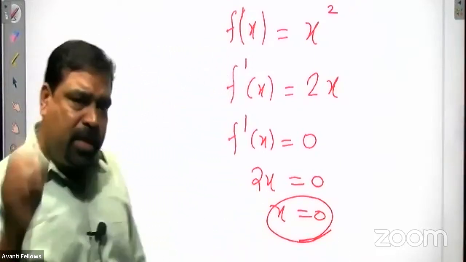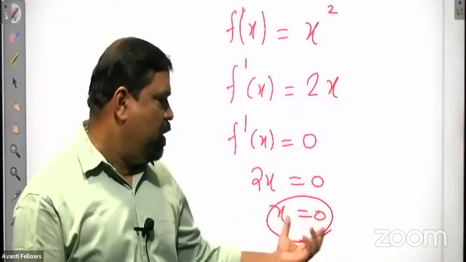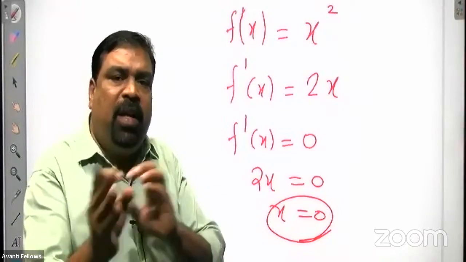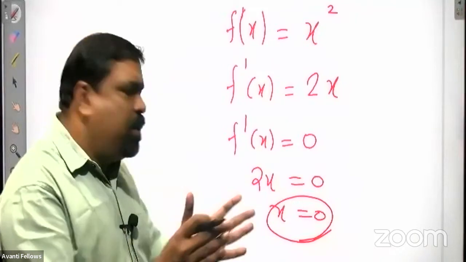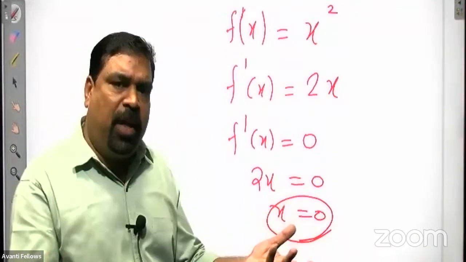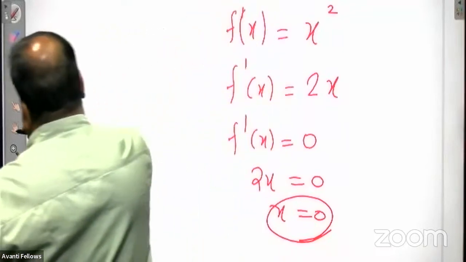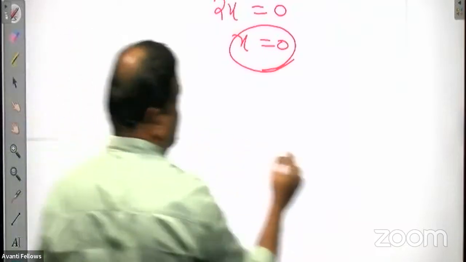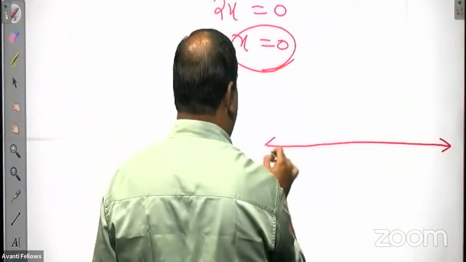That means at x equals 0, the derivative is 0. That indicates that at the point 0 there is a turning. So 0 is the turning point for that function. After getting that turning point where the derivative is 0, let us mark it in the domain. The domain is all real numbers.